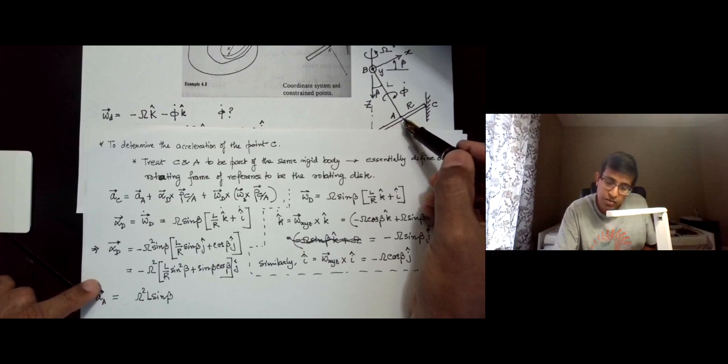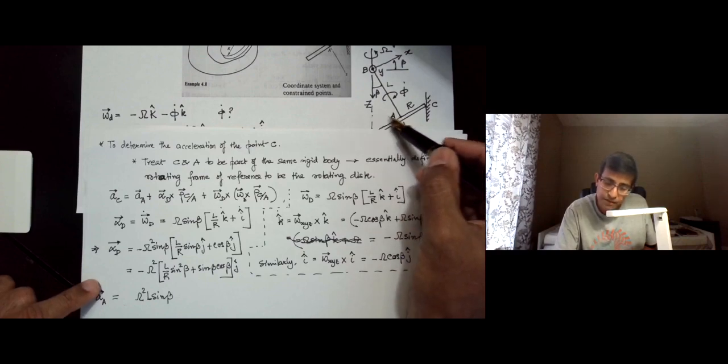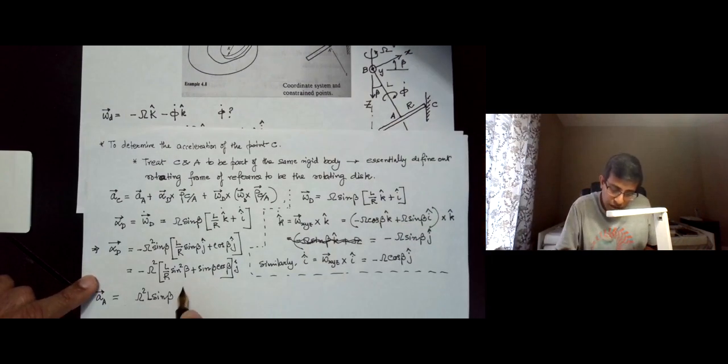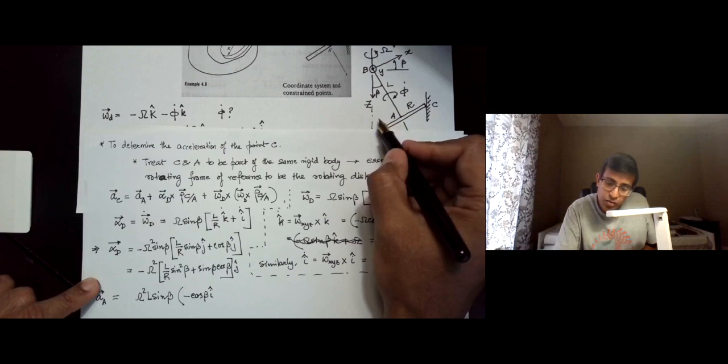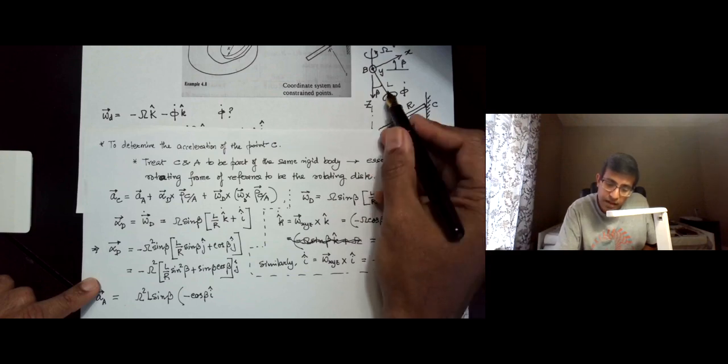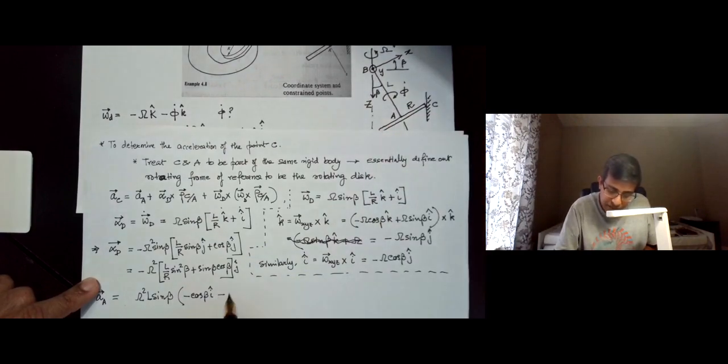Now it is going to be directed in this direction, which means that if I take the cosine, it is going to be directed along the x but in the negative x direction, so negative cosine beta I, and it is going to be sine beta in that direction, so negative sine beta k.